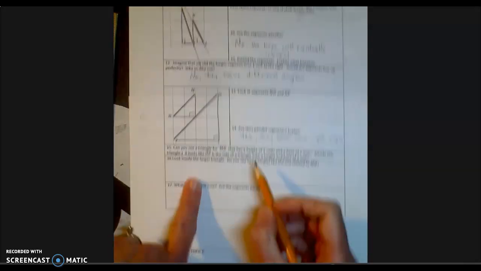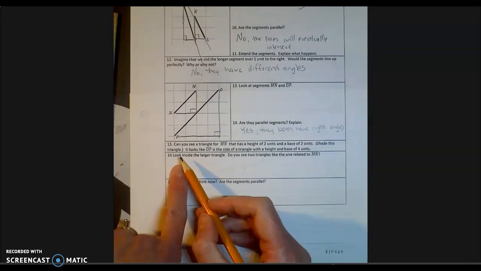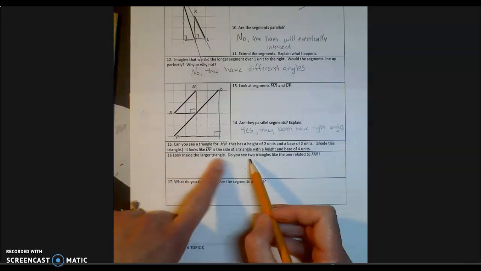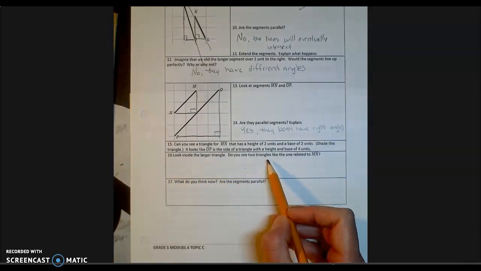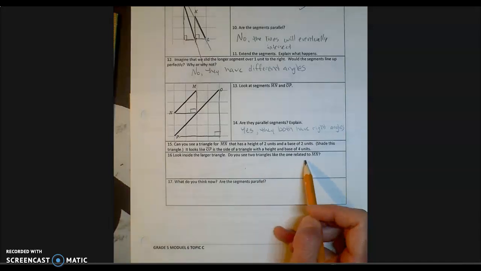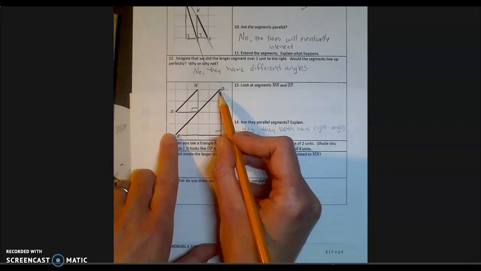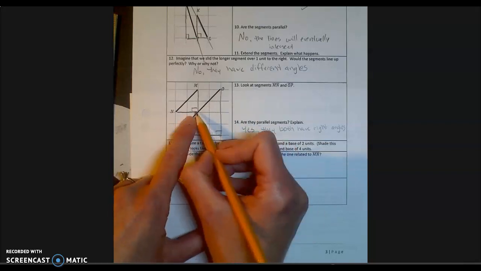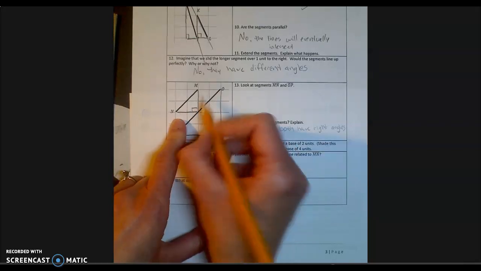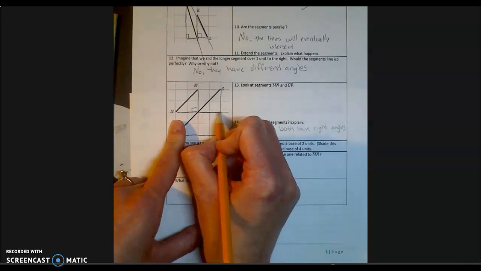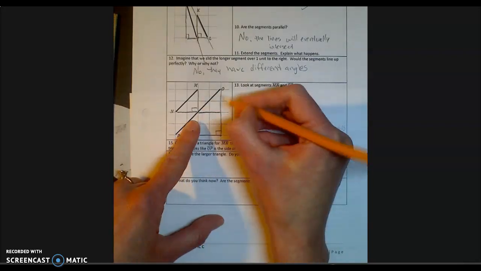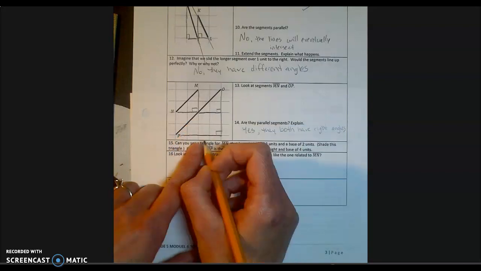Okay, so then it says, look inside the larger triangle. Do you see 2 triangles like the one related to MN? So if we look, we can compare. Instead of drawing a bigger triangle, we could draw 2 little ones. So right here, this one has a base of 2, and there's a height of 2, still right angles.